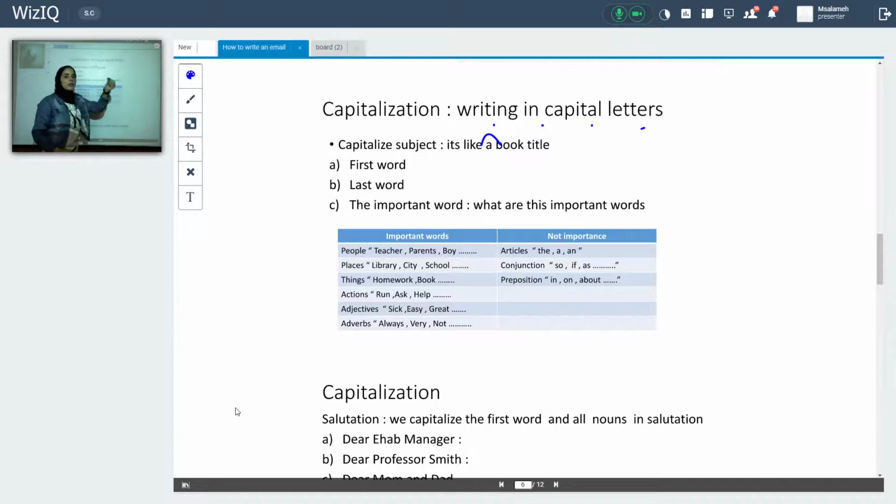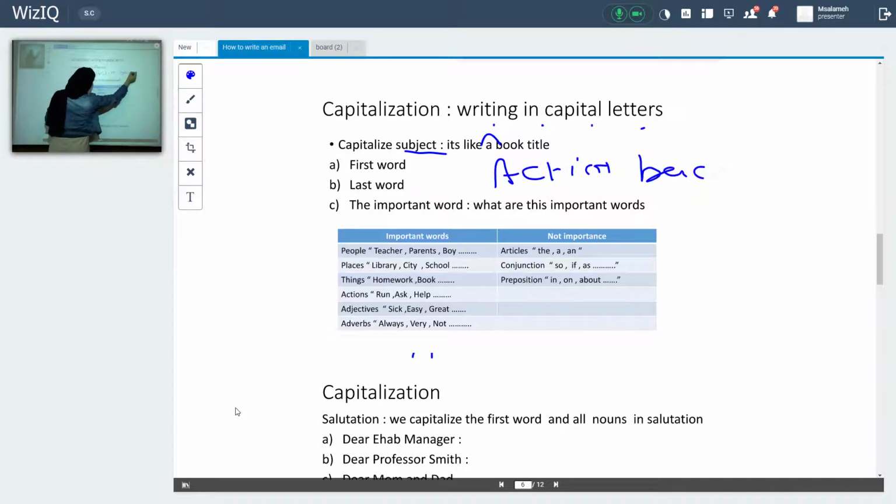When should I use capital letters? Capitalization in the subject. It's like a book title. Okay, look at your books, okay? Here I have a capital letter because it's a name.